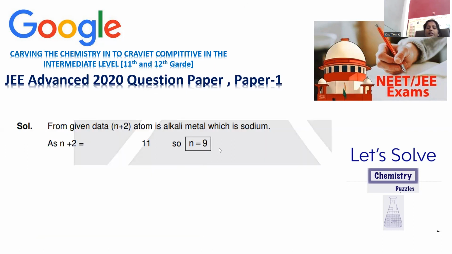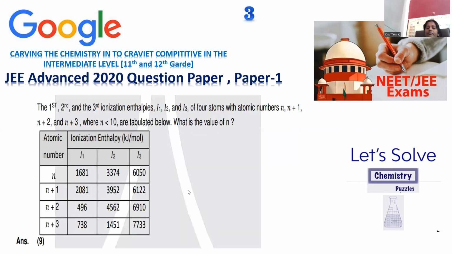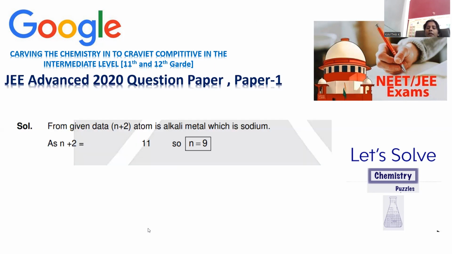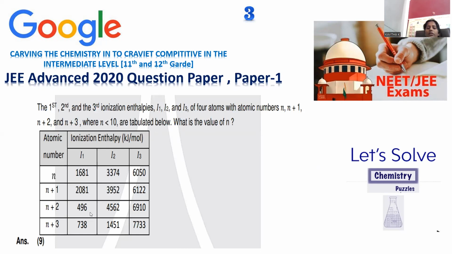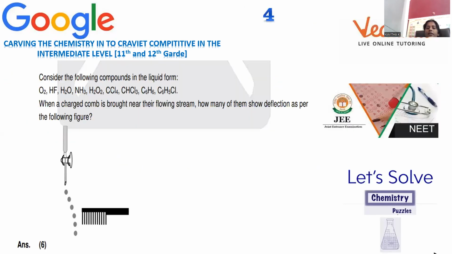The value of N is 9. For question number 3, the answer will be 9. N value will be 9, and the atom identified as sodium belongs to the first main group. So from these ionization enthalpies only, we have to depict what kind of nature the element is exhibiting, right? So this is the way we can answer.